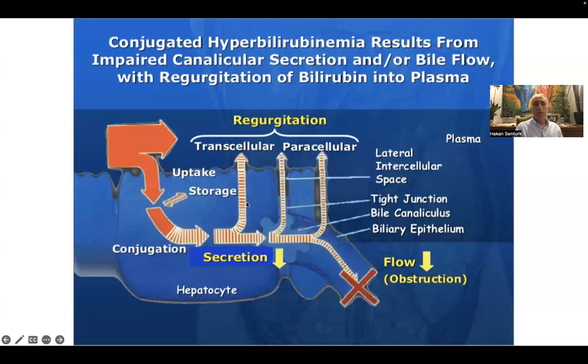You see this cartoon is depicting the regurgitation process: uptake of unconjugated bilirubin, conversion to conjugated bilirubin, secretion into the bile duct, but because of the obstruction, it is refluxing into circulation and causing bilirubinuria.